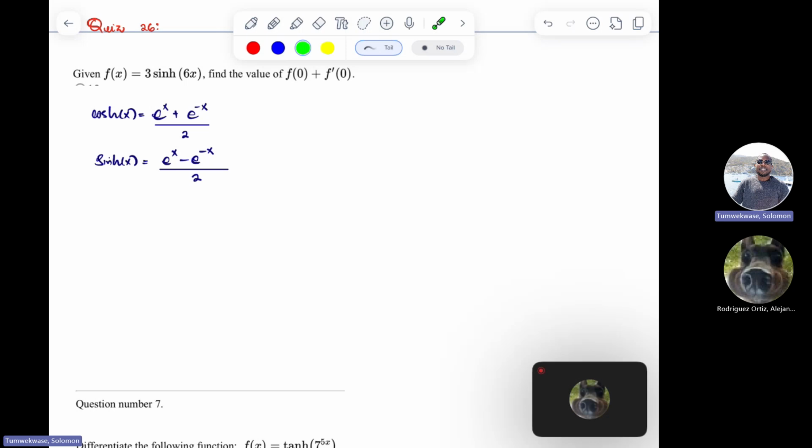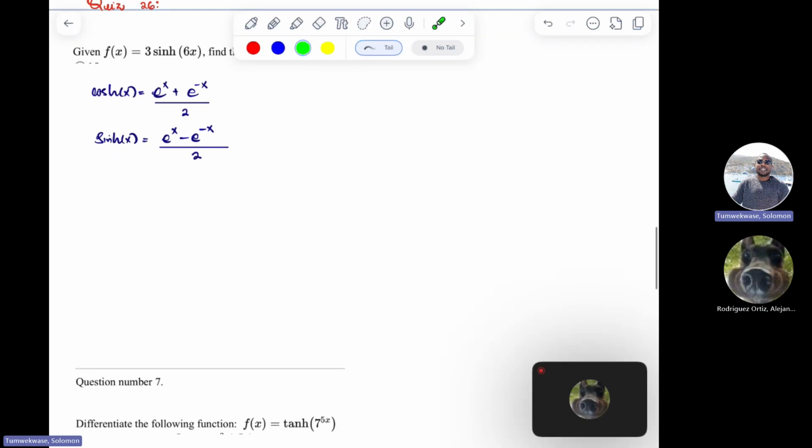When you check your notes, sine hyperbolic is an odd function with a domain of negative infinity to infinity, so the whole real number line. And cosine hyperbolic is an even function with the same domain.